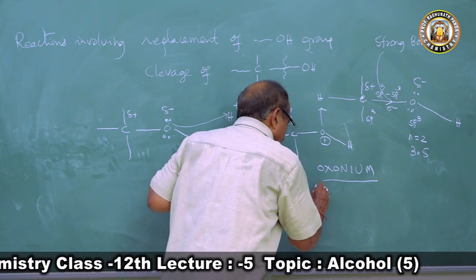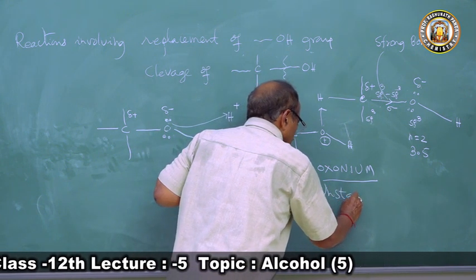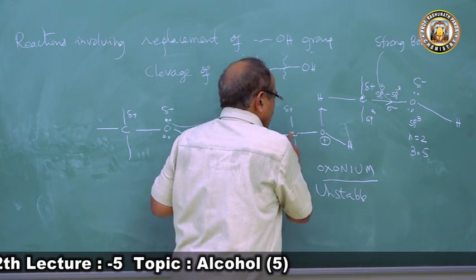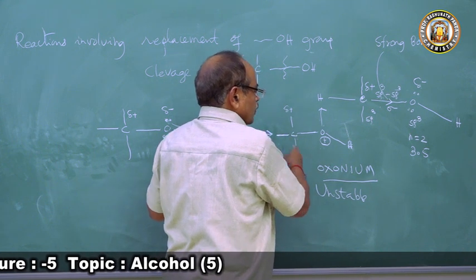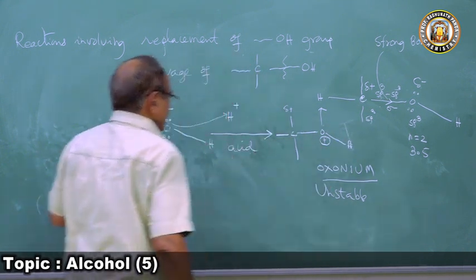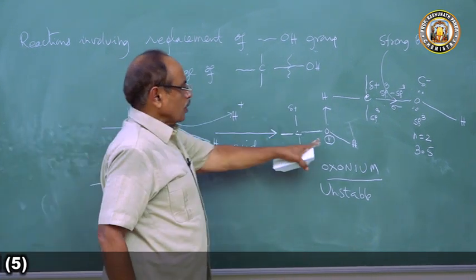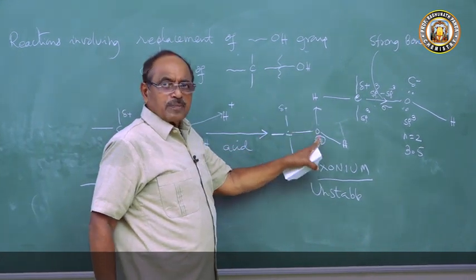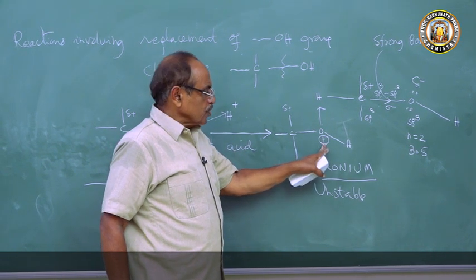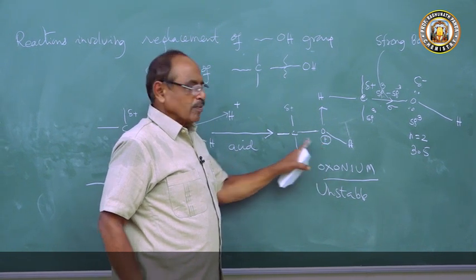And this oxonium ion is unstable because here is a positive charge, and the carbon atom has a positive charge. So this will always have a tendency to neutralize this positive charge. Then what will happen?